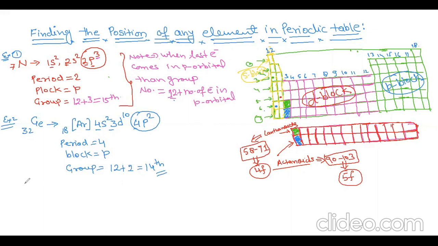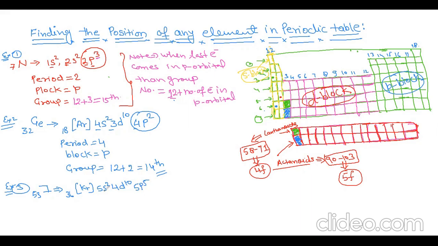Now similarly, one more example. Example number 3. I am taking here bromine. Yeah, you can take iodine, iodine 53. So how to write the electronic configuration first? Krypton 36, then 5s2, 4d10 and 5p5.